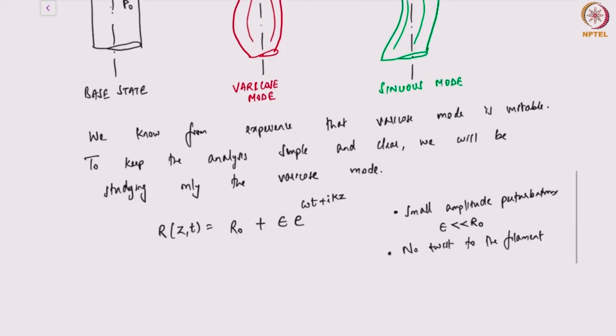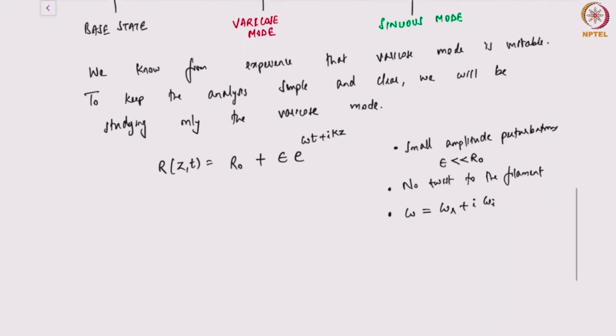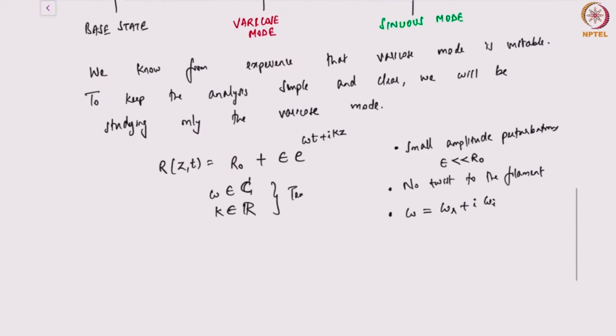I'm also saying that omega can be thought of as omega r plus i omega i. Omega can be a complex number, whereas k is real. This tells me that it's a temporal analysis.